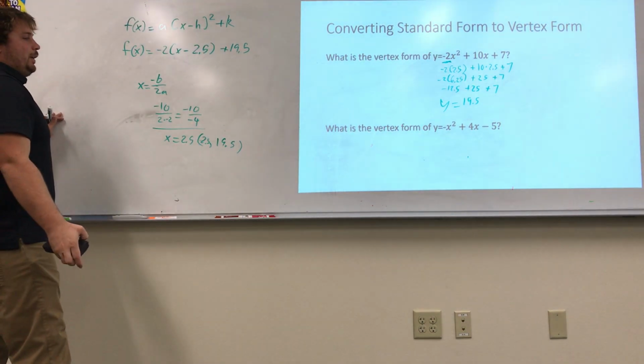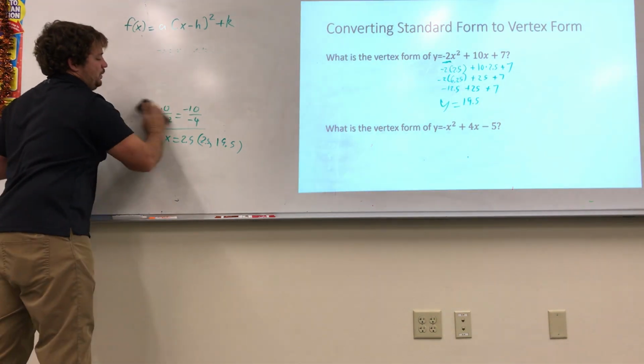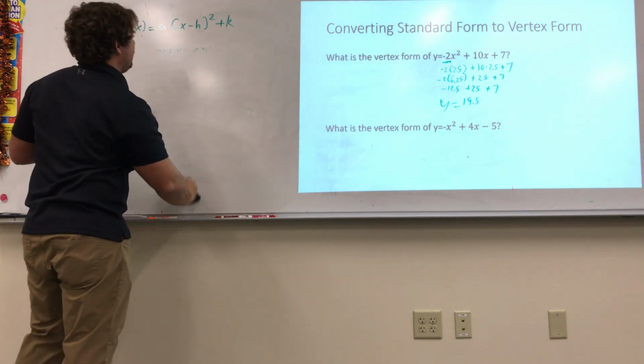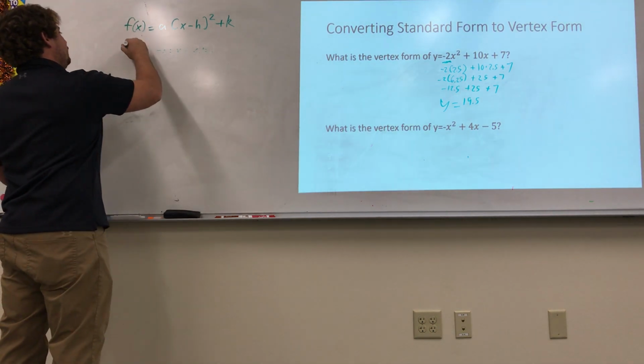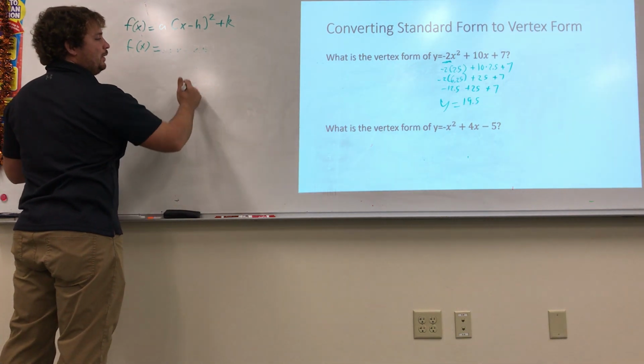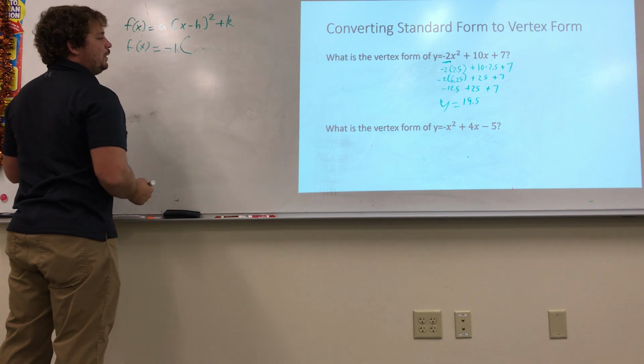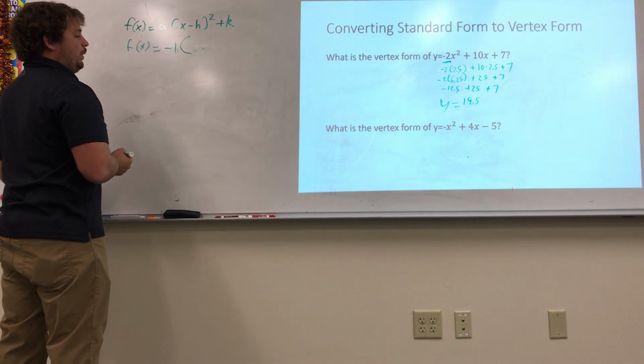We can do it with the last one here. Same rules are going to apply. F of x. My a in this case is going to be a negative 1, parenthesis. Now we have to find this.